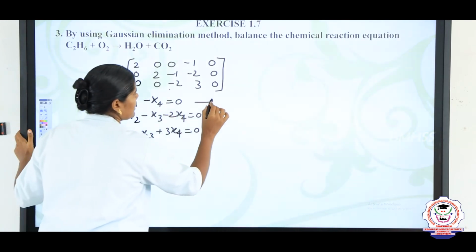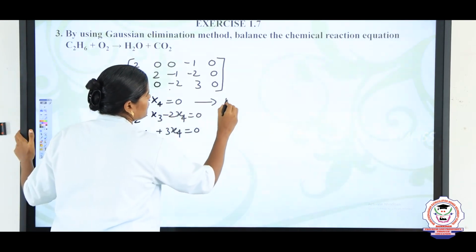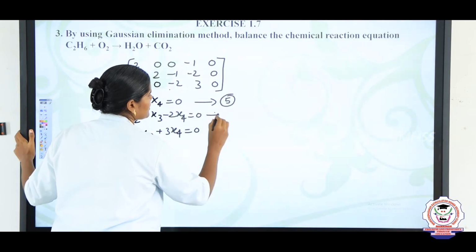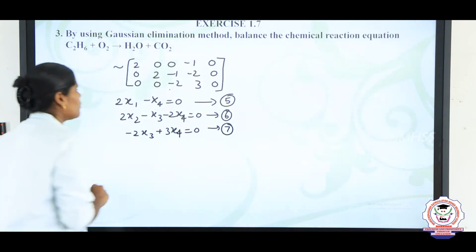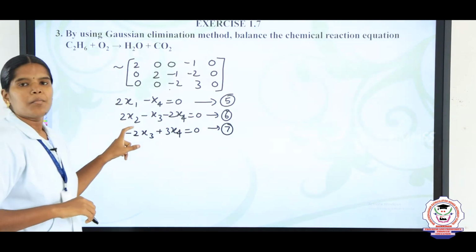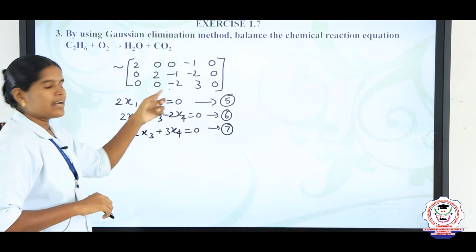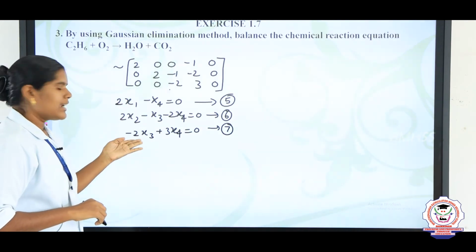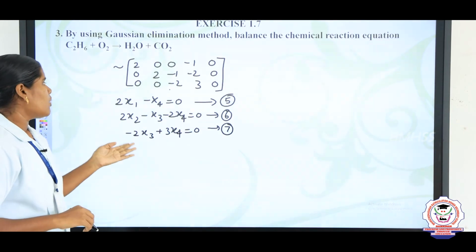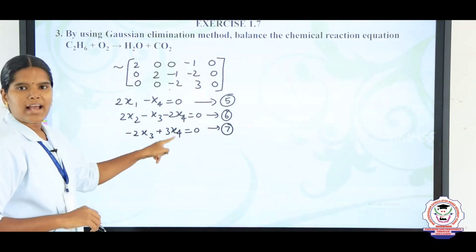So this is equation number 5 and this is 6, 7. So we have 3 equations here, but in the given matrix we have 4 unknowns, but it contains 3 equations only. So I am going to take this x4 as t.